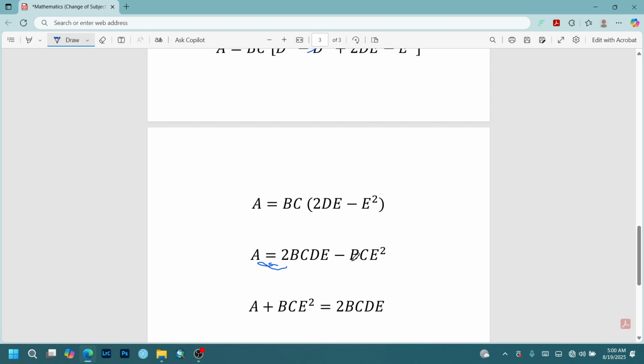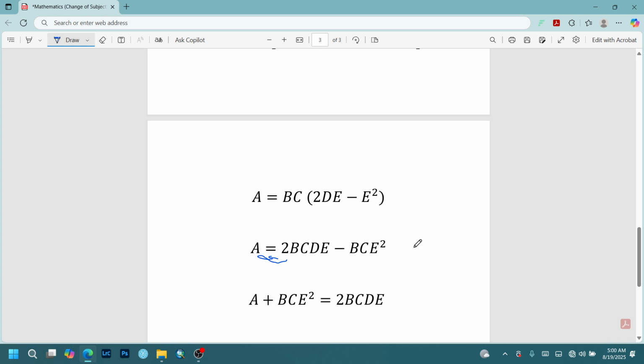So this negative bce squared will cross the equal to sign here to join a and change its form to become a positive number. So we are going to have our new equation to be a plus bce squared equals 2bcde, right? So we have our new equation to be a plus bce squared equals 2bcde, right?